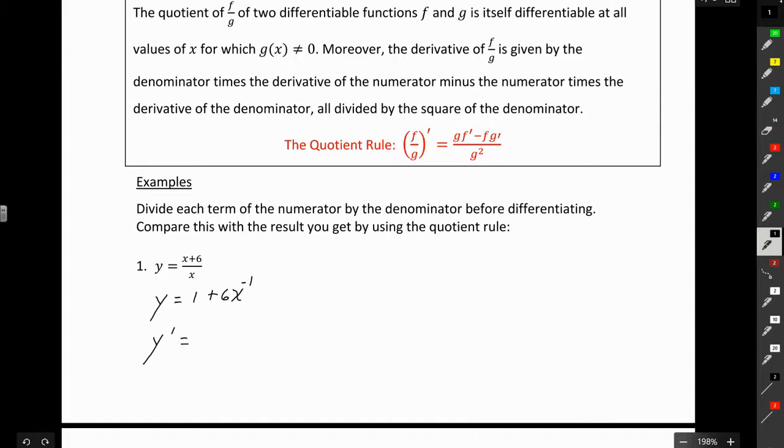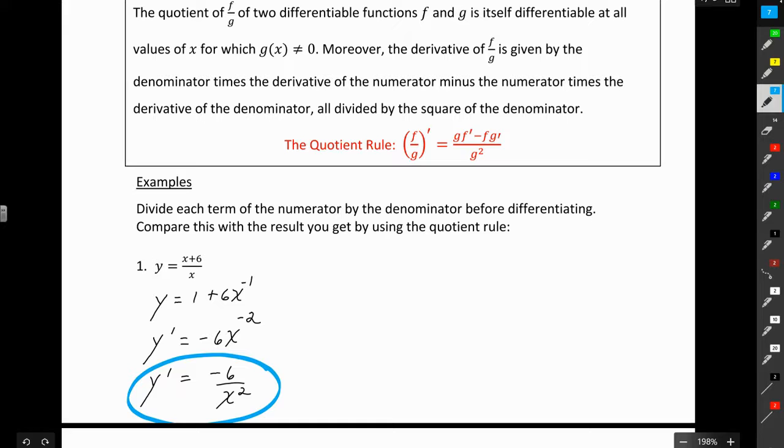The derivative of 1 is 0 because we know the derivative of any constant is 0. And then I'll take the derivative of the second term. I'm going to get negative 6 and subtract 1 from our exponent, and I get negative 2. So final answer here would be negative 6 over x squared.